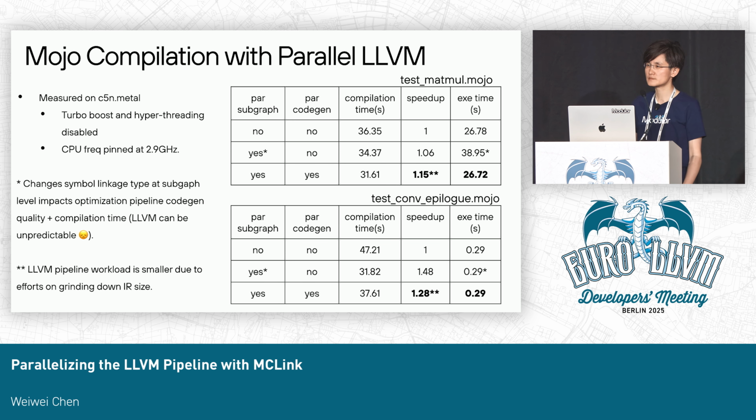Could you comment on the speed up limited to the backend itself? From what I understand, the numbers that you show here are your end-to-end compile times. Could you comment on the speed up for just the LLVM part of it? Yes, this is the end-to-end speed up.